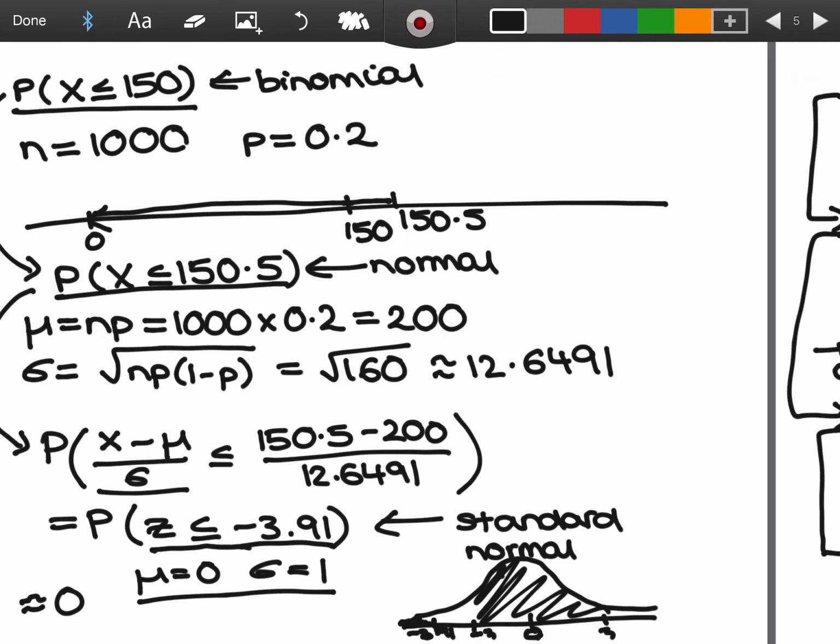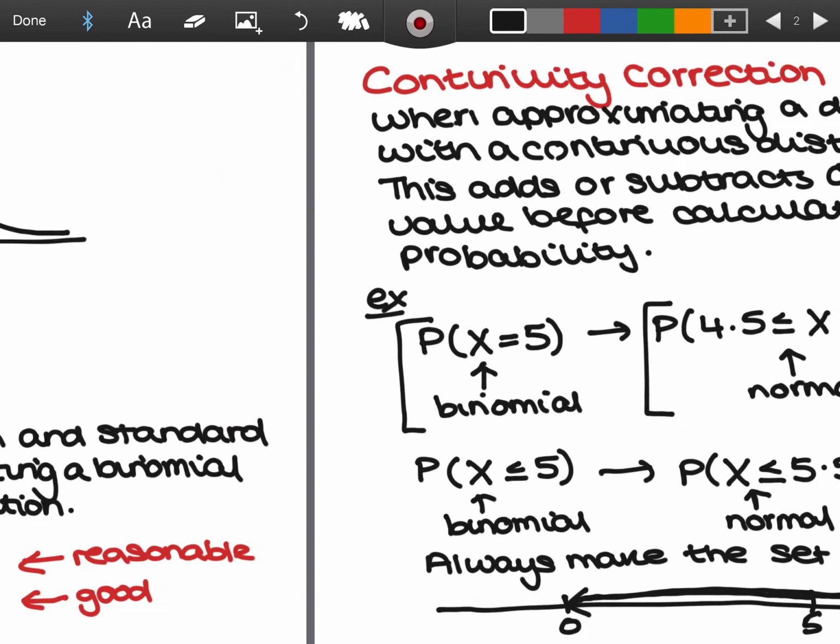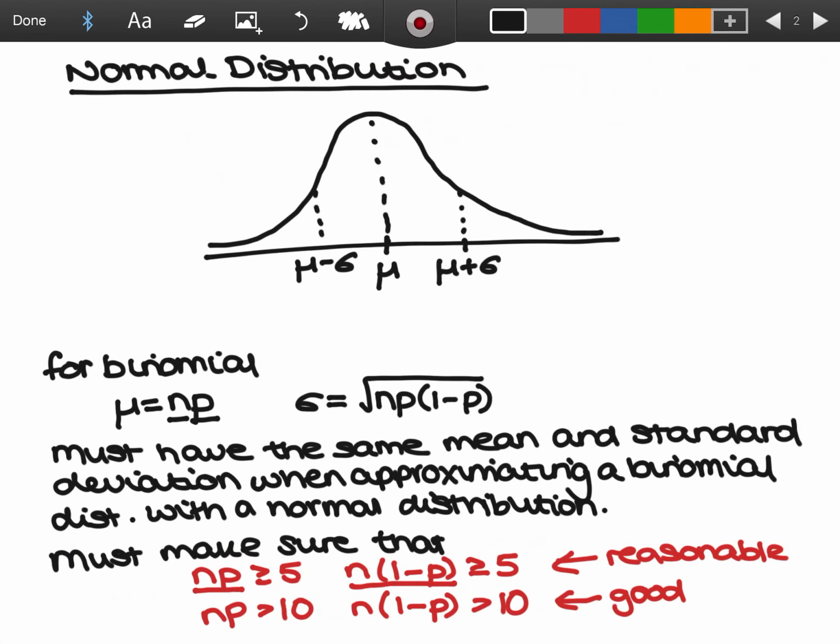And the main thing you want to look out for, if we scroll back here, is these 2 things down here. We would really like that the expected number of successes, so n times p, and the expected number of failures, n times 1 minus p, both be greater than 10 for it to be a good approximation.